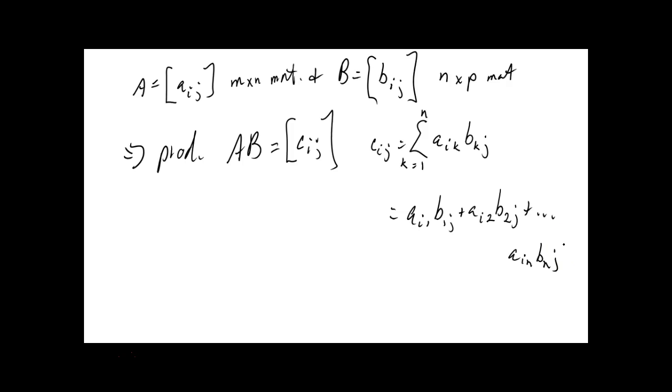Okay? You're doing 1 to N. And when you add all those together, that's the new element, Cij. And then you do it for every one of them. Then you let I go to 2 and J go to 1, or whatever. And you do every element like this, adding those up.